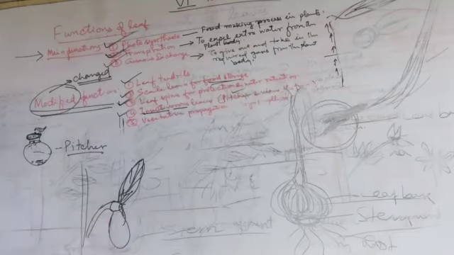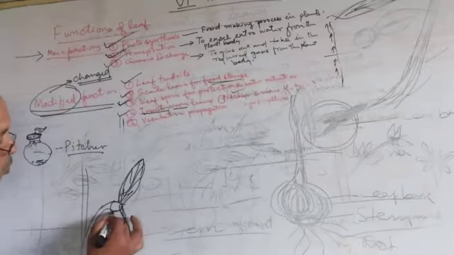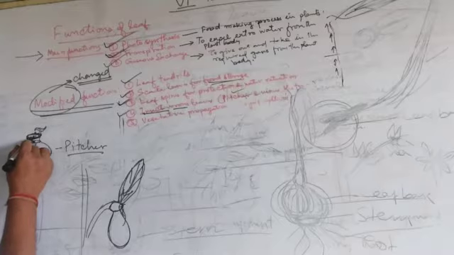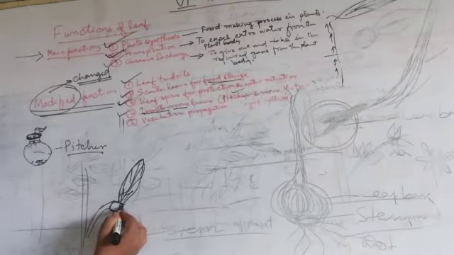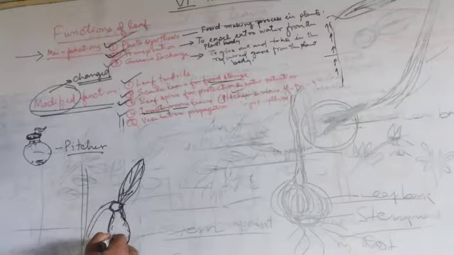Some of the plants, those who cannot get the nitrogenous nutrients from the soil or from the surroundings, try to get them from insects. So they develop a very beautiful, attractive leaf base like this picture. You see, this has a brim. The brim releases a very sticky and slippery, slime-like substance.